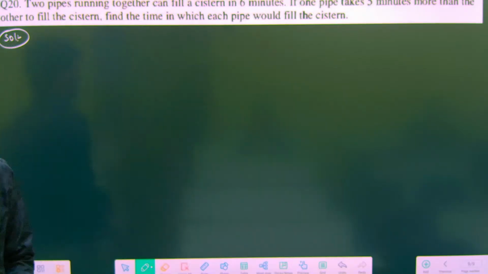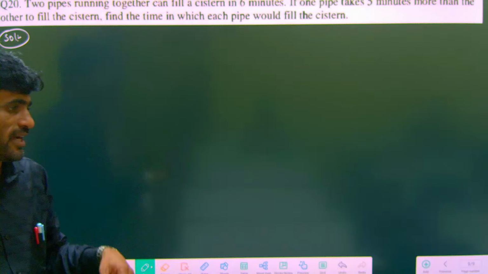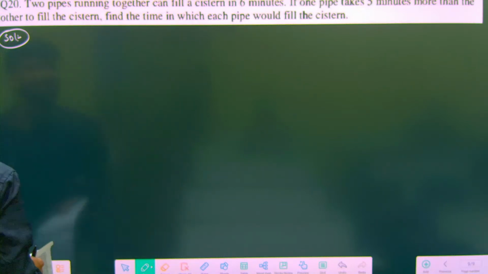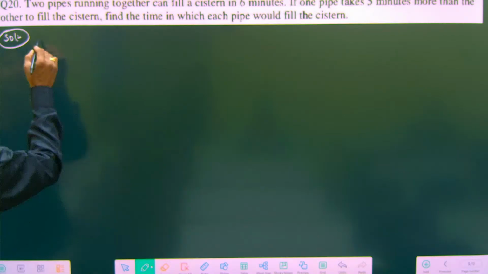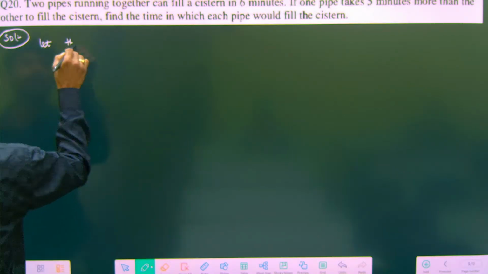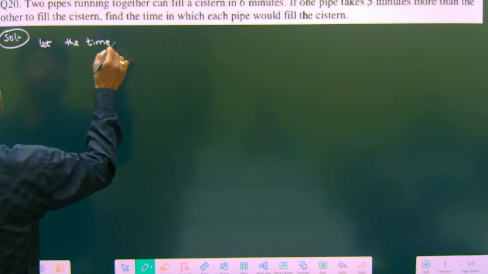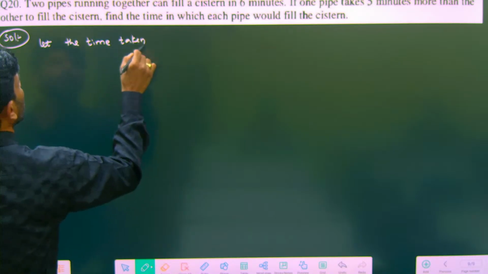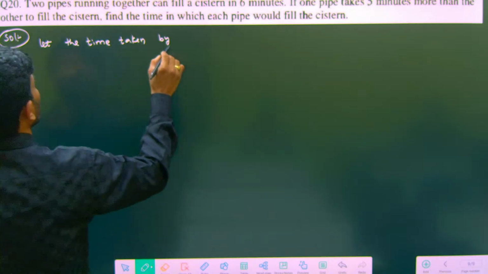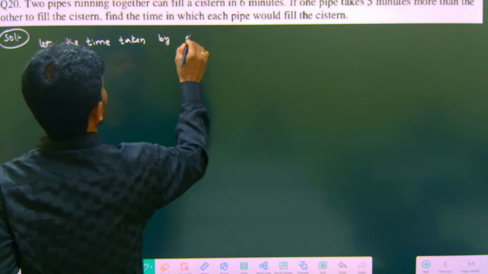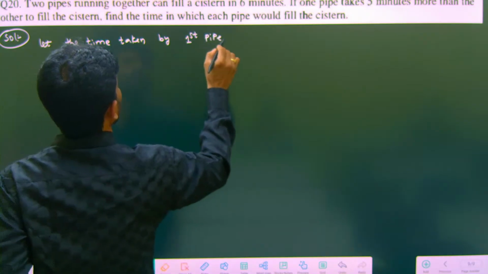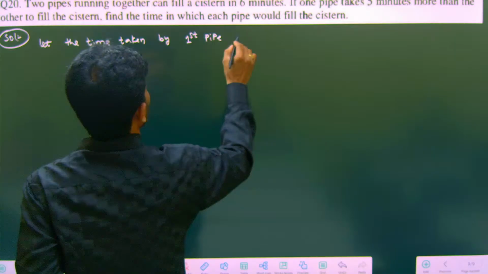You have to know that. You let the time taken by the first system be x.